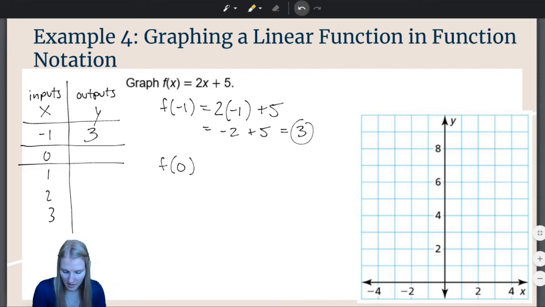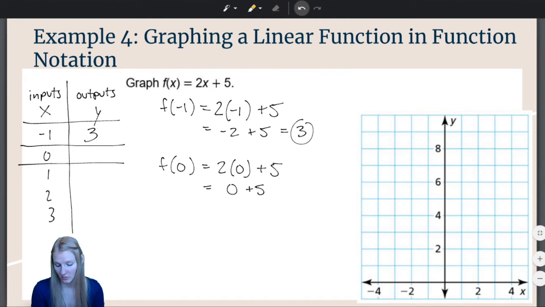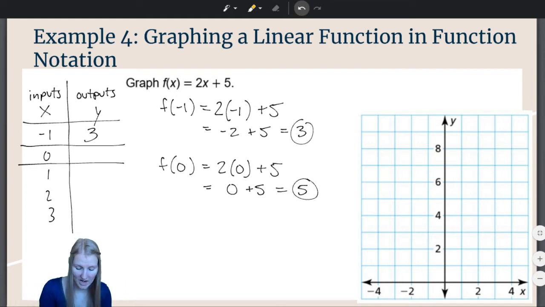Well, we have 2 times 0 plus 5. 2 times 0 is 0. 0 plus 5 is 5. So when the input is 0, the output is 5. Okay, let's continue doing this.